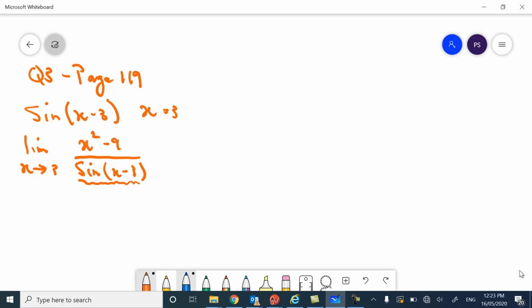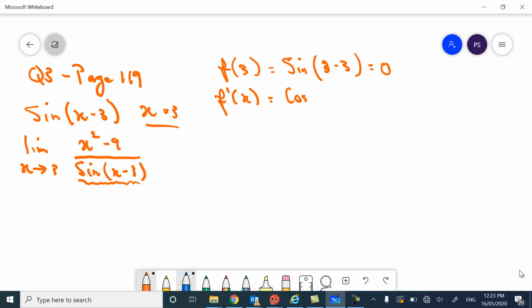So about the point x equals 3. We've got f of 3 will be equal to sine of 3 minus 3, which is sine of 0, which equals 0. Let's go, f dash x will be equal to cos of x minus 3, and so f dash 3, because it's a Taylor series, will be cos of 0, which is 1.